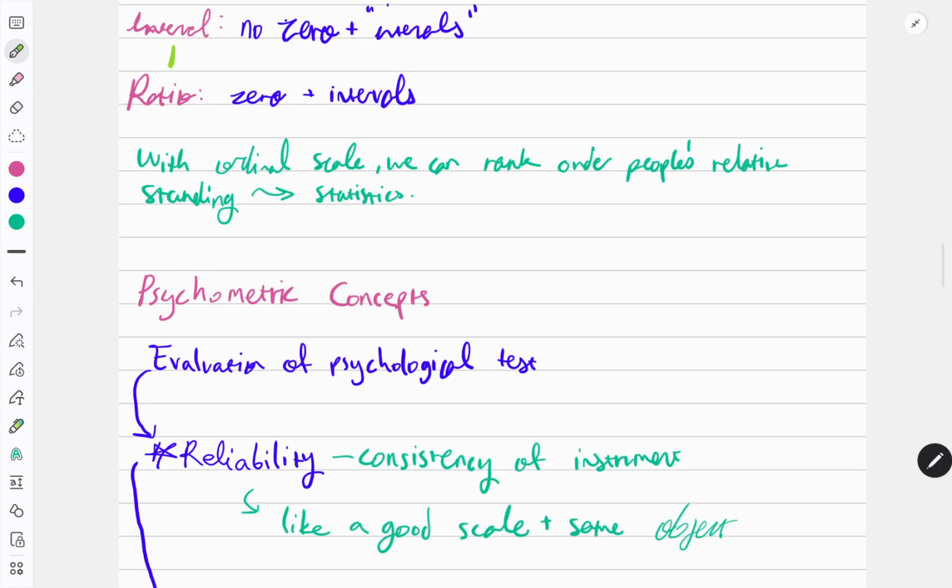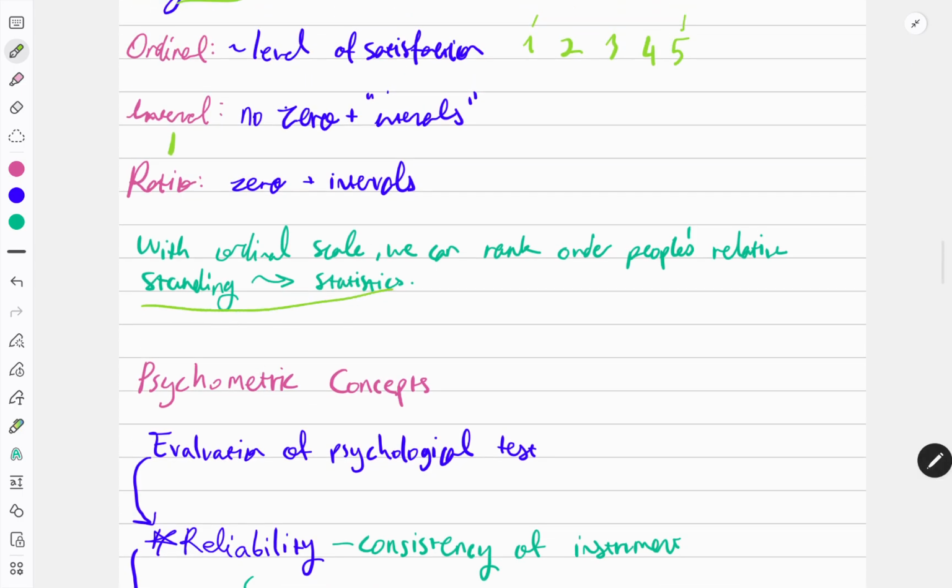With ordinal scale, we can rank, order people's relative standing, and we can use statistics. So let's say that we are trying to understand how happy our students are with our campus cafeteria. If we just ask them how happy you are, we can't really statistically analyze the students' answers.